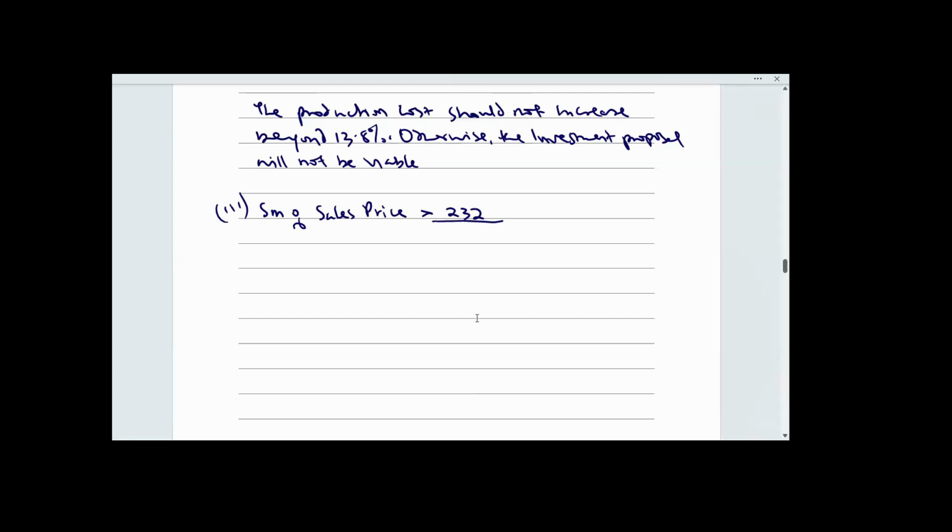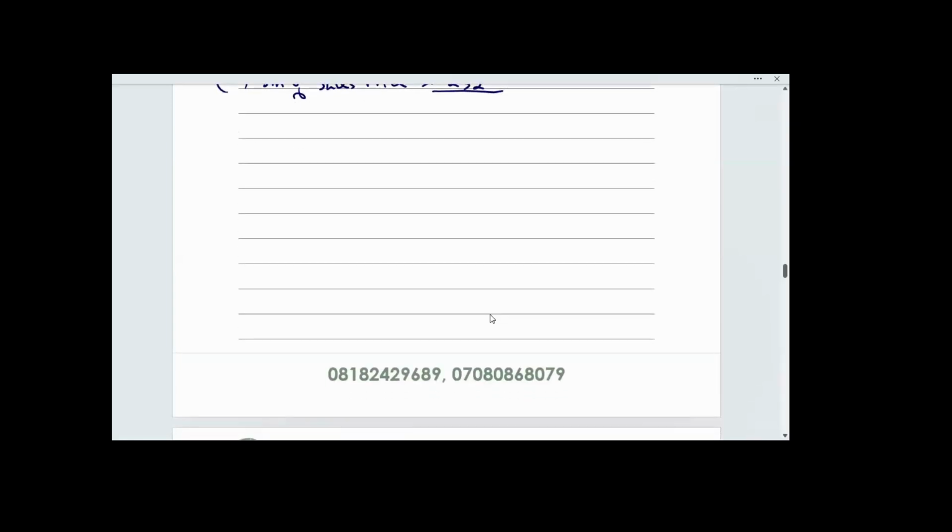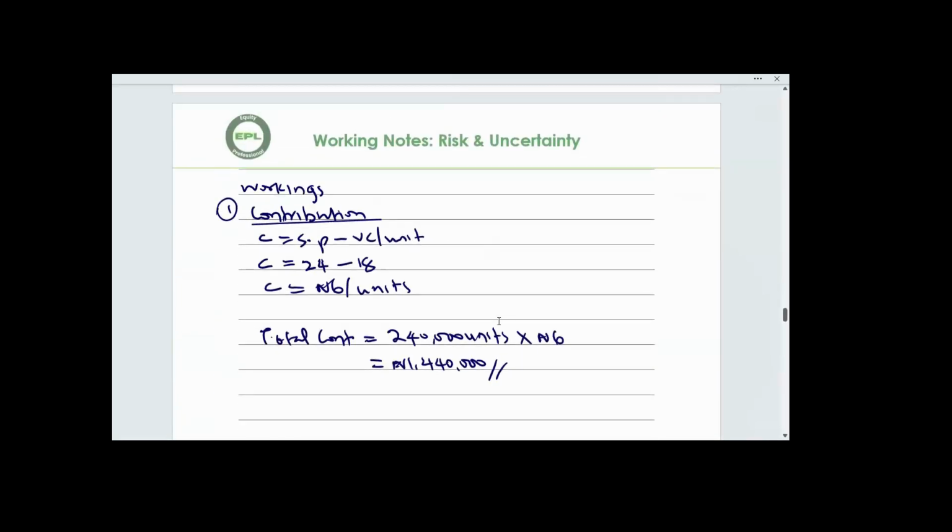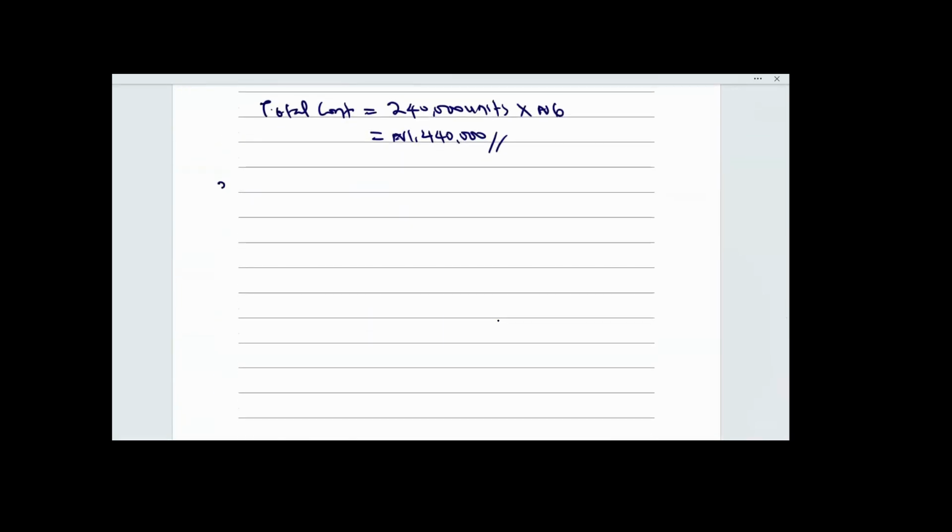We don't have the present value of sales price in our calculation, so we need to do the working. Working number 2, I want to calculate the PV of sales price. Before you can get the present value of sales price, you have to calculate the sales value.